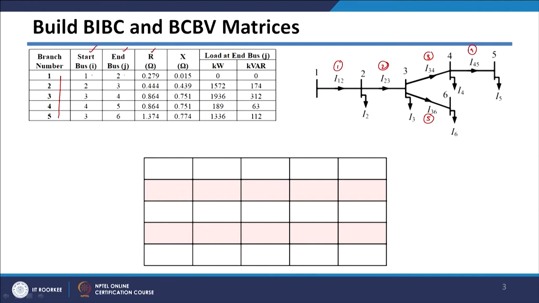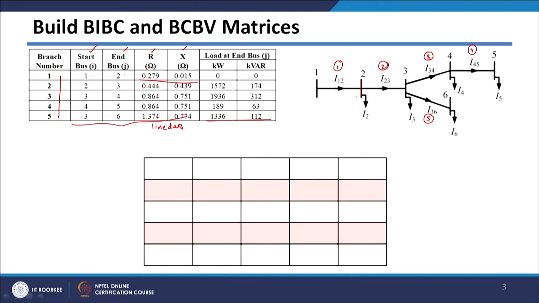Their impedance, that is resistance and reactance, is given in this column. So, this is nothing but the impedance of a line section which is between nodes 1 and 2. As I told you, we call it line data, and this is nothing but your load which is connected at any jth bus.